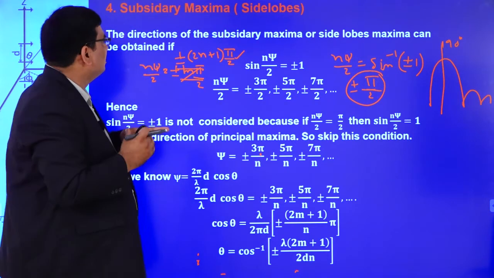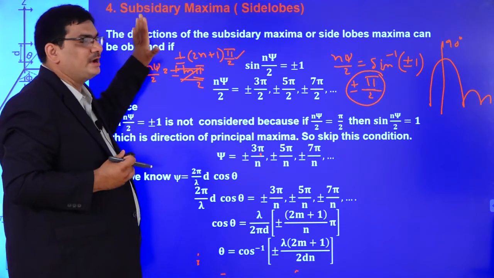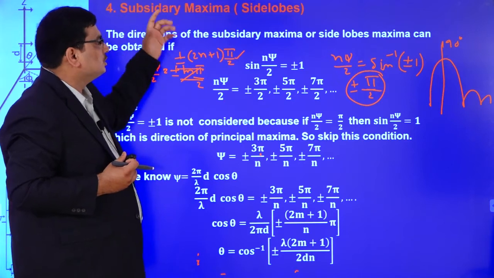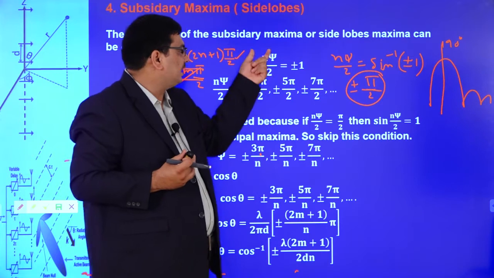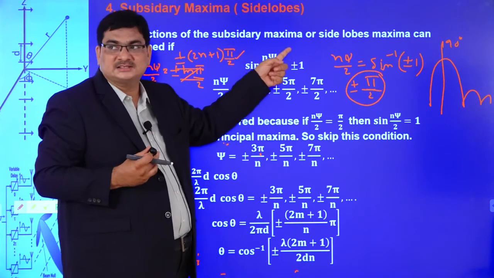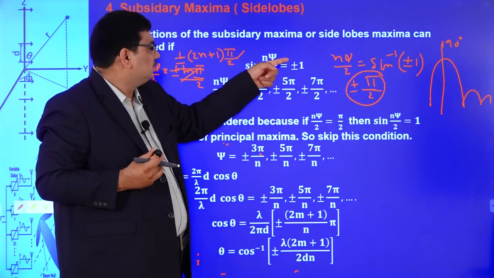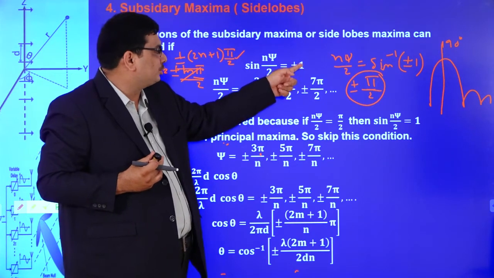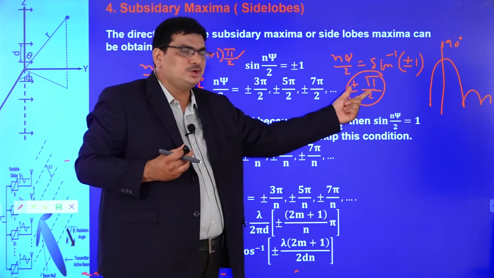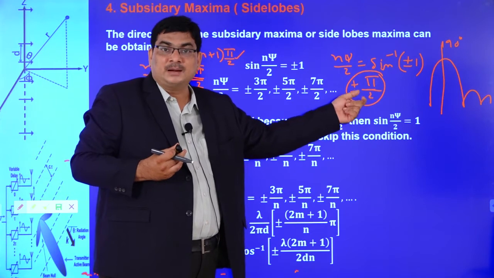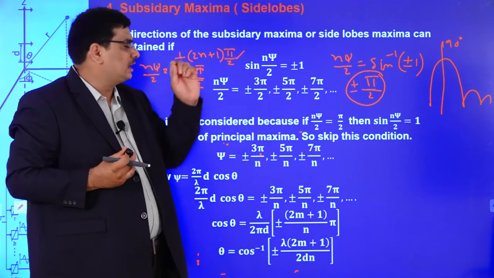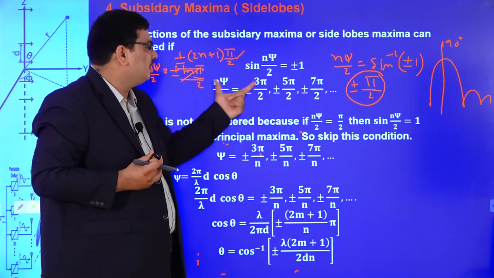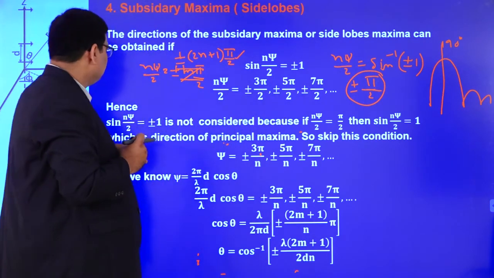So what we are doing, we are saying that if you want to find out the subsidiary maxima, you equate sin(nψ/2) equals plus or minus 1. Then nψ/2 equals sin inverse of plus or minus 1, so that is (2n+1)π/2, and for n equal to 0 you get π/2. But the π/2 condition is for the principal maxima condition, that's why we are eliminating that condition and writing the remaining conditions.